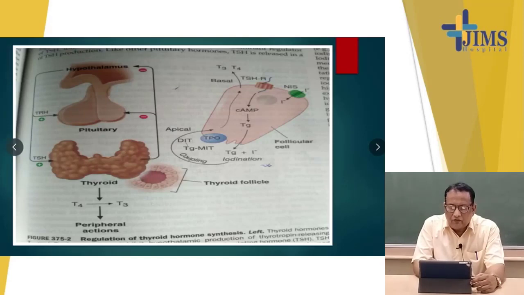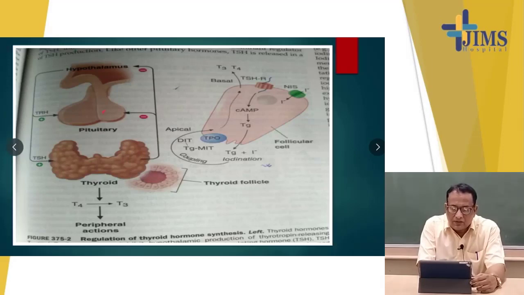This is the figure. You see, the thyroid gland has got a control from the pituitary and hypothalamus. This is the hypothalamus, then the pituitary gland, and this is the thyroid gland. The thyroid gland has two lobes connected by an isthmus.